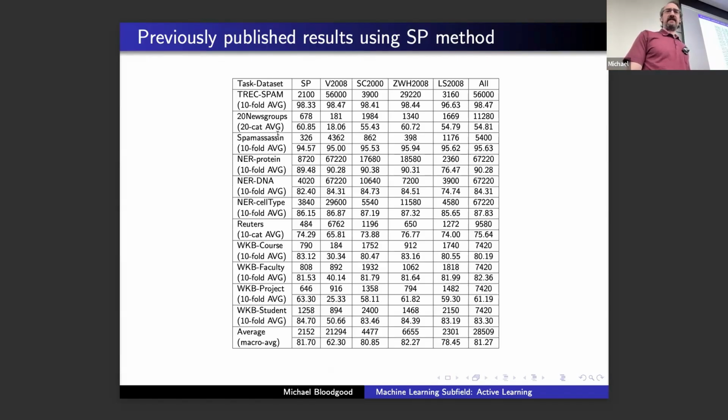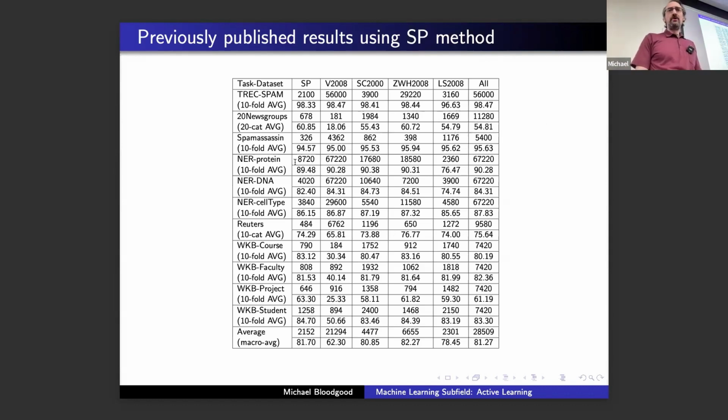For each task or data set, I have several stopping method columns. And then the last column is important. That's if you use the entire pool of data. This would be like standard passive supervised machine learning with no active learning. Just take all the training data, just pay someone to label it. Don't worry about stopping. Just label a large amount of data, train a model, see how well it works.